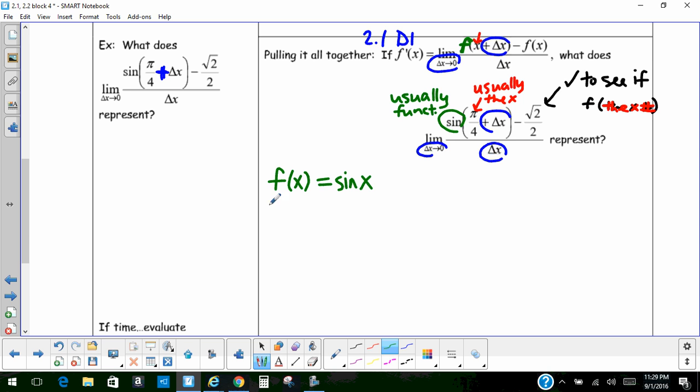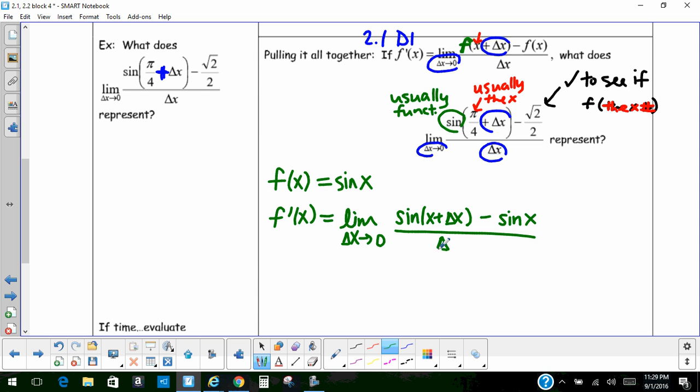Then, what if I had you check the limit definition of f prime? F prime of x would be the limit, and they're doing delta x, so as delta x goes to 0, of f of x plus delta x. Well, that would be sine of x plus delta x. Minus f of x, well, that would be sine of x, all over delta x.